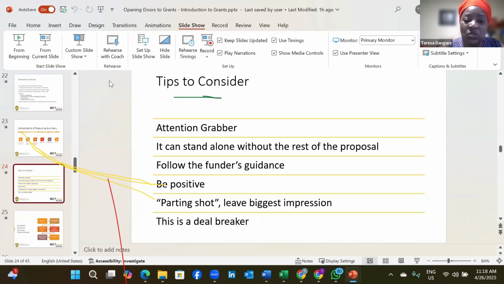And when you are ending your last paragraph, your last line needs to be like a parting shot. Leave the biggest impression. With this $50,000, 300 schoolgirls will not miss an average of 7 days a month of school.